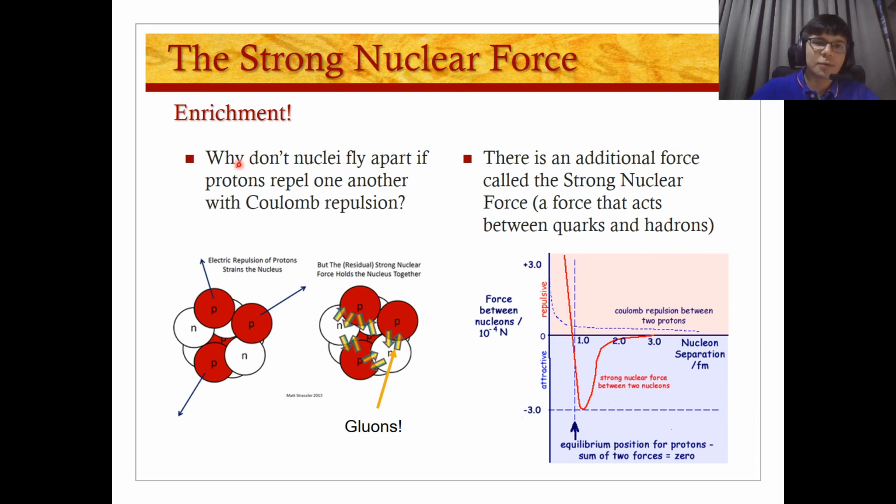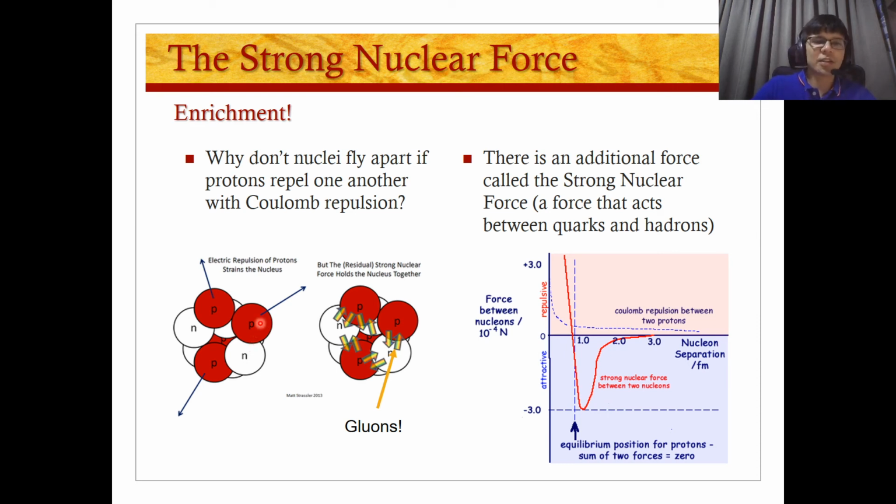So that answers this question: why do nuclei not fly apart? It turns out there's an additional force that you have not learned about, and it's not in the syllabus, that's why it's called enrichment. This additional force is called the nuclear strong force. It is a force that acts between the particles that make up the protons and the neutrons. If you thought that the protons and neutrons were elementary particles, you didn't watch my Kurzgesagt video that I linked for the last lecture.